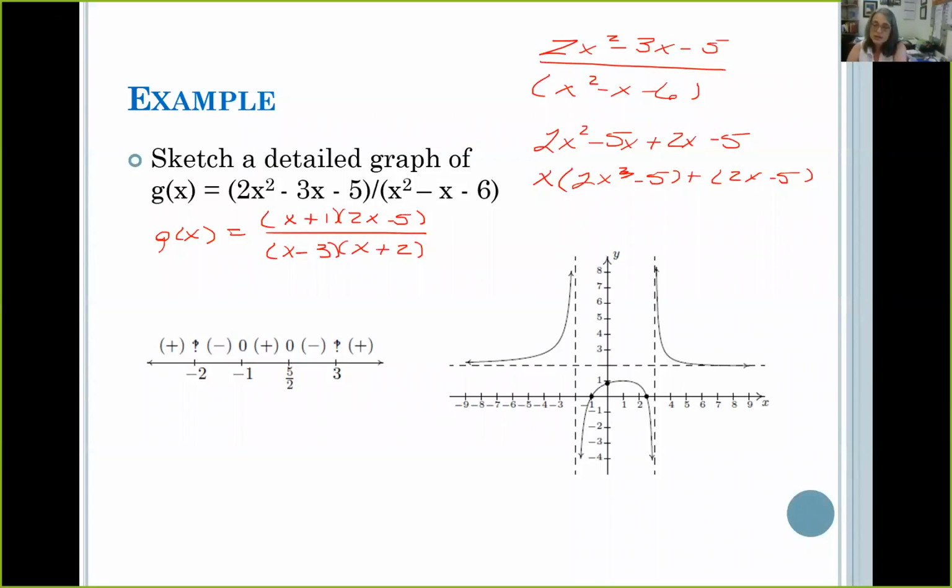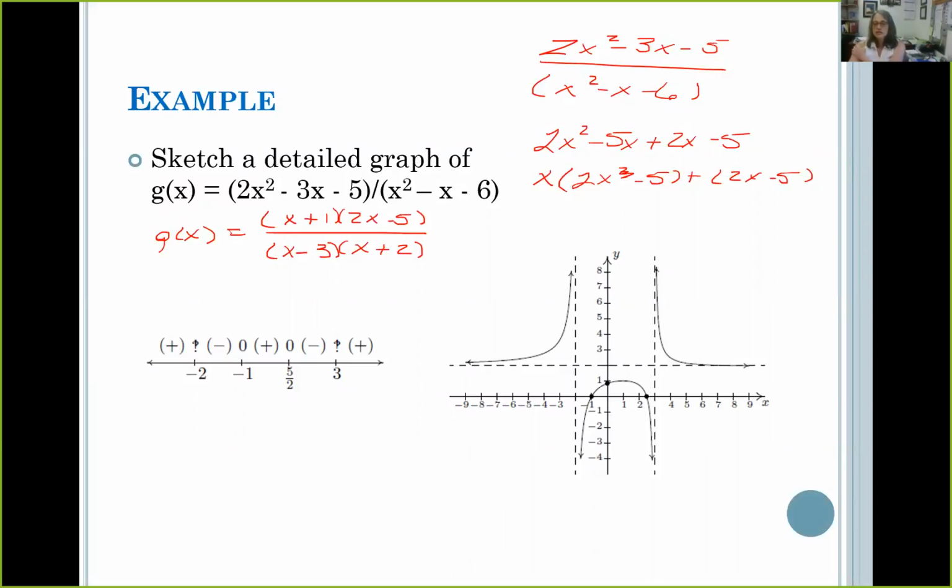So nothing's going to cancel here. So we're going to have a vertical asymptote at -2 and at 3, and we have zeros at -1 and 5/2.